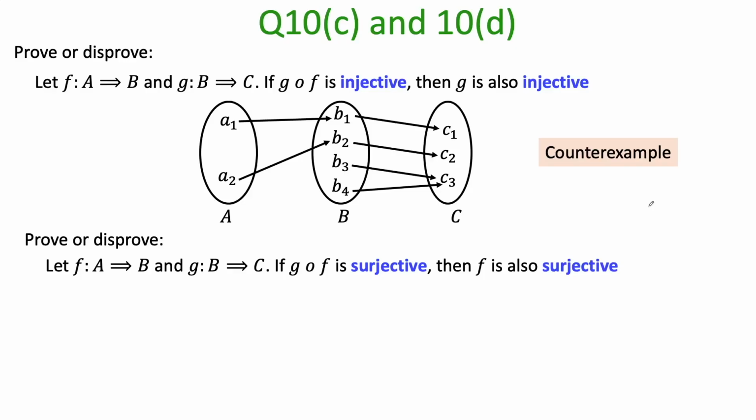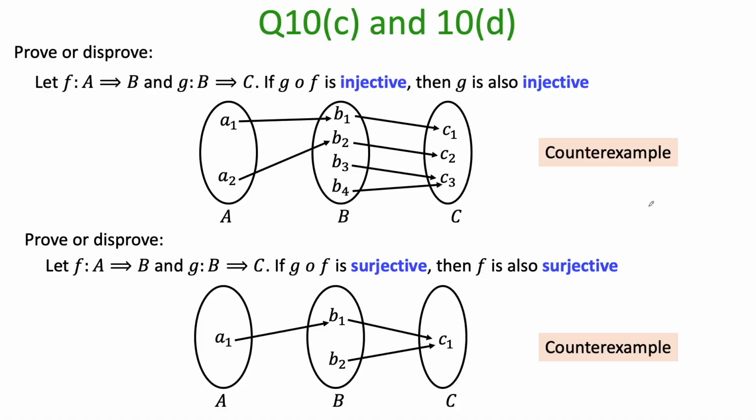Part d, you are given the f and g functions and your g o f function is surjective. Is it necessary that the function f is also surjective? Again, this is not necessary. Here is a very simple counterexample. This is your f function, this is your g function. Your g o f is surjective because indeed there is only one element in your set C, namely C1, and the pre-image for that C1 is A1 because you have g o f of A1 being C1.